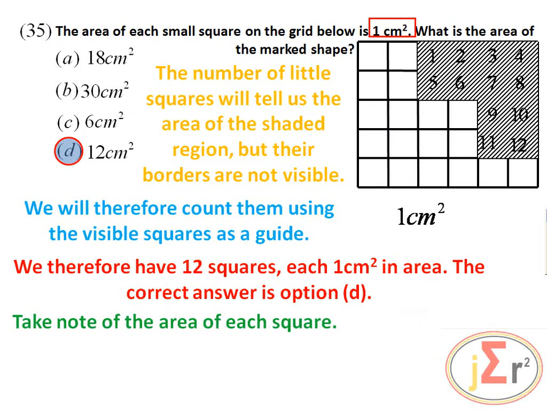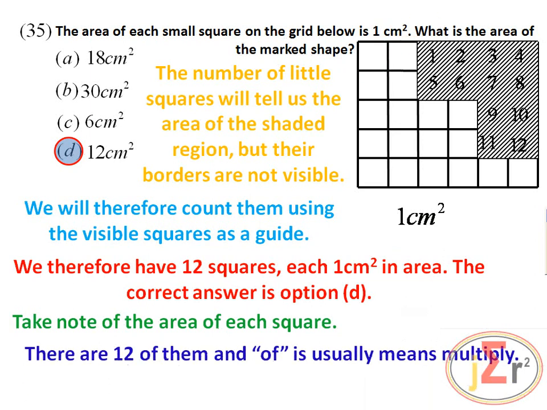And what do we do with it? We multiply that by the number of squares. So there are 12 little squares, each of which is 1 centimeter squared in area.